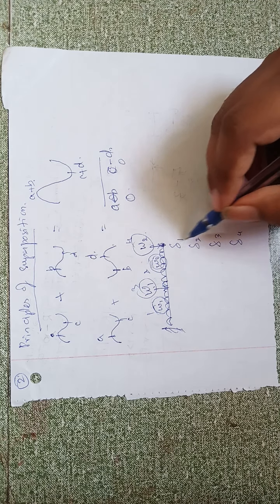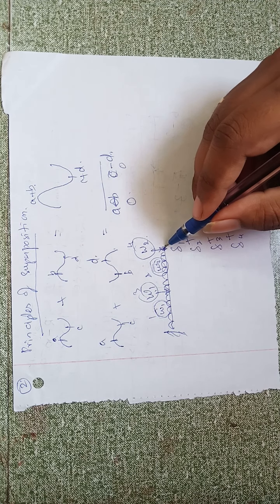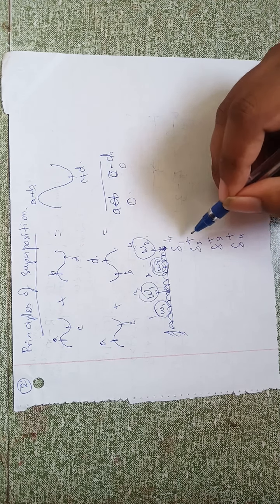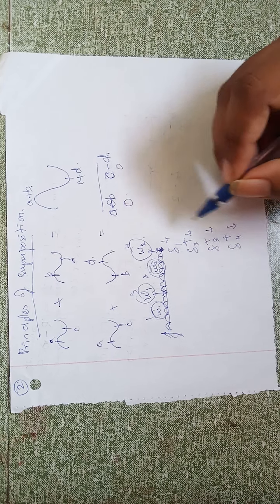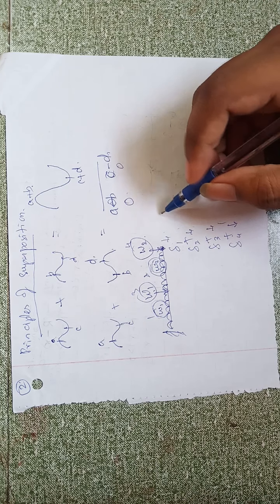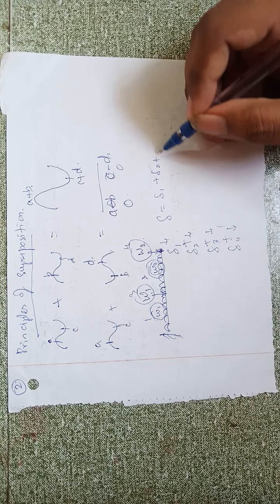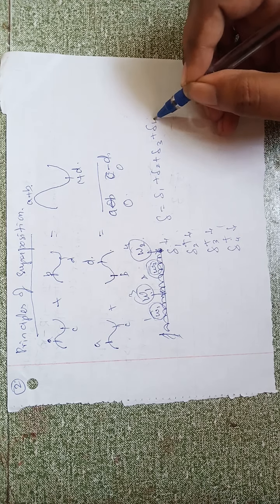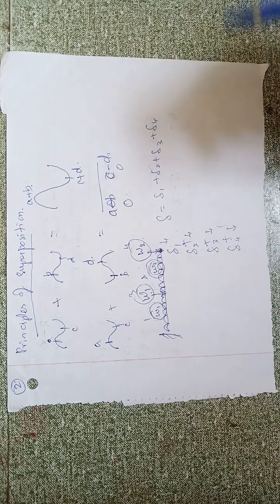After finding all of these, you have to add everything. If delta 1 is in the downward direction, delta 2 is downward, this is also downward, and this is also downward, all in the same direction. So you add everything and you will get the total deflection equal to delta 1 plus delta 2 plus delta 3 plus delta 4. So this is called the principle of superposition.